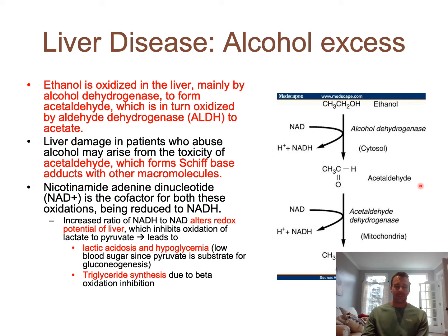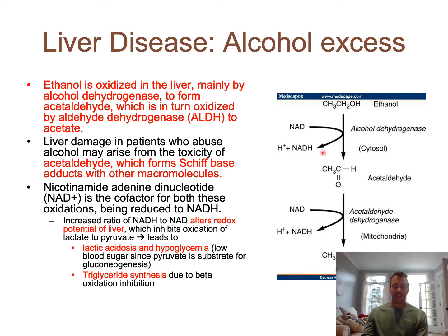NAD plus is a cofactor for both of these, as you can see. The increased ratio of NADH to NAD can alter the redox potential of the liver, which inhibits oxidation of lactate to pyruvate. So what happens there, you can lead to lactic acidosis and hypoglycemia, essentially low blood sugar, since pyruvate is a substrate for gluconeogenesis, which you learned about, as well as triglyceride synthesis due to beta oxidation inhibition.